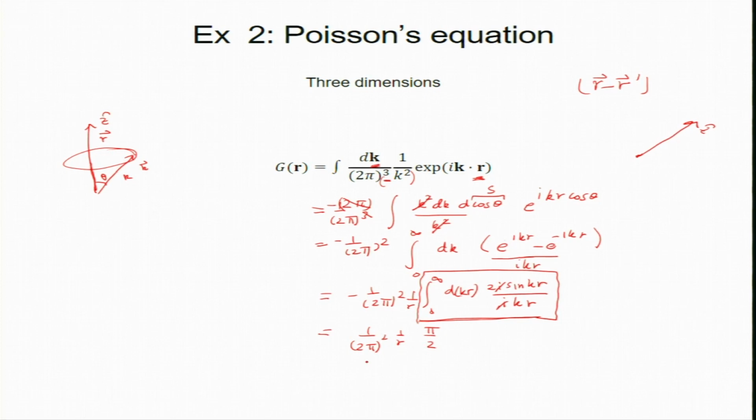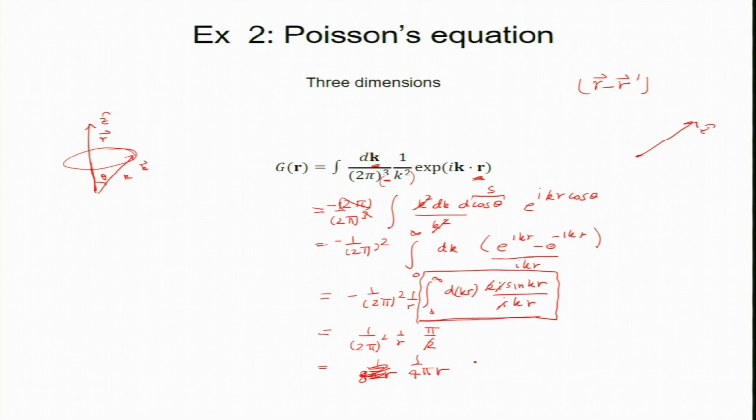So, 1 pi cancels, and so I get 4 pi r. Now, there is a minus sign, which is 8 pi r. So, there is a 2 somewhere, this 2 is there, the 2 cancels with that. So, it is 1 by 4 pi r.